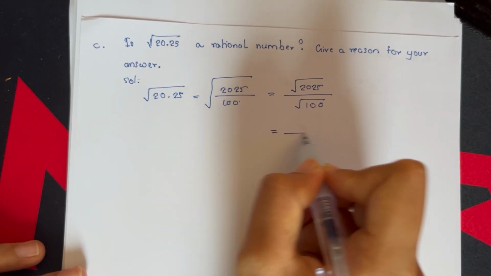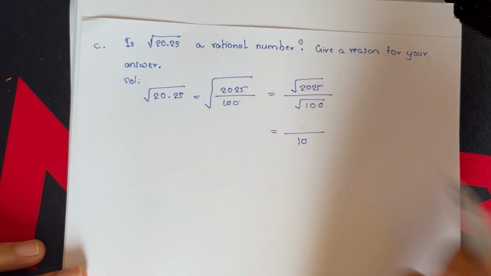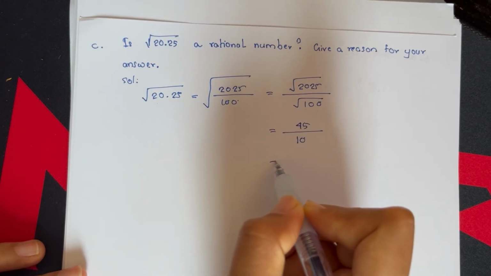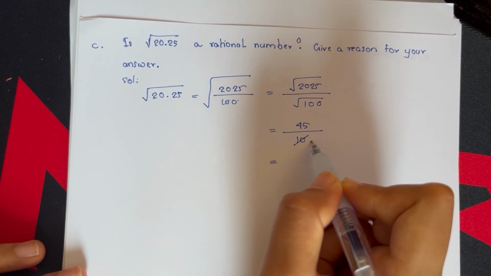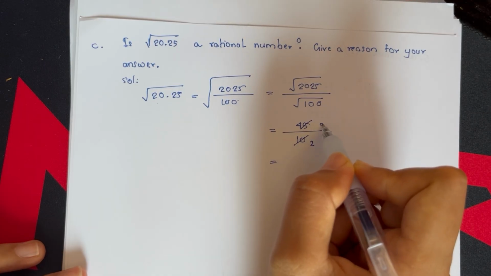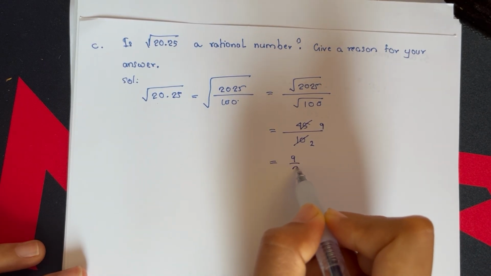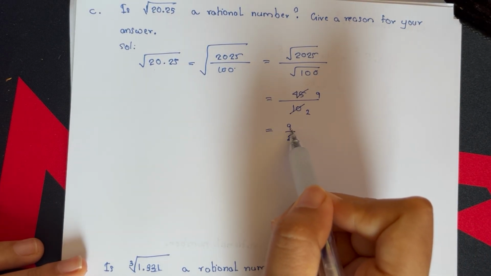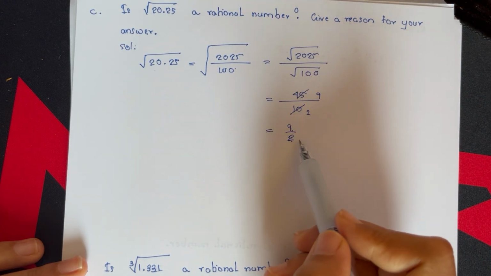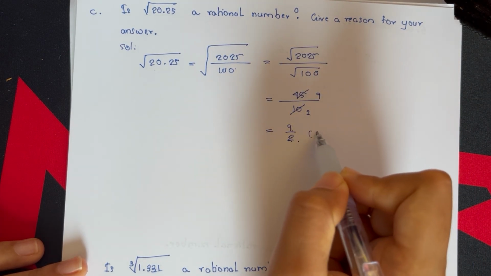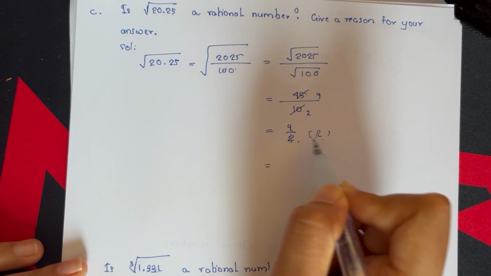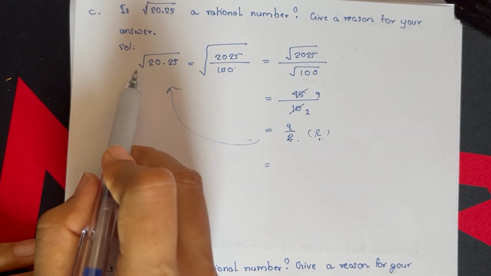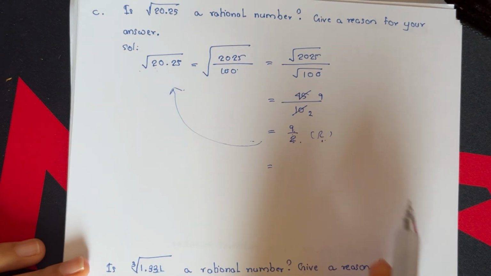Square root of 100 equal to 10, and square root of 2025 equal to 45. So we will divide that, 5 two times and 5 nine times. So 9 by 2. 9 is an integer and 2 is an integer. So this is a fraction. So this is a rational number. 9 by 2 is a rational number. So that's why square root of 20.25 is also a rational number.